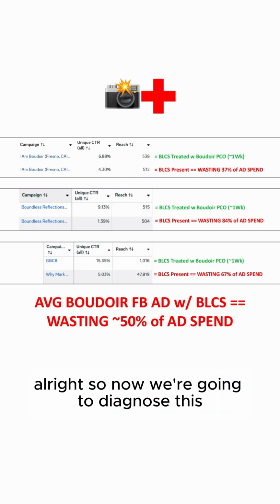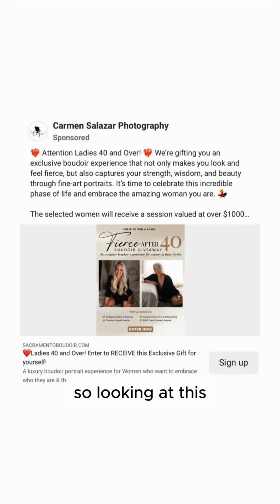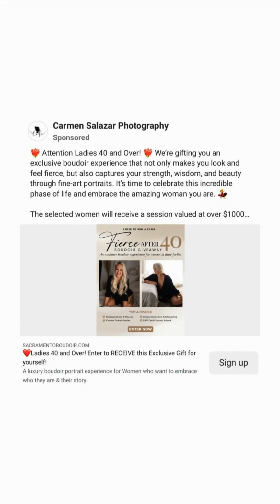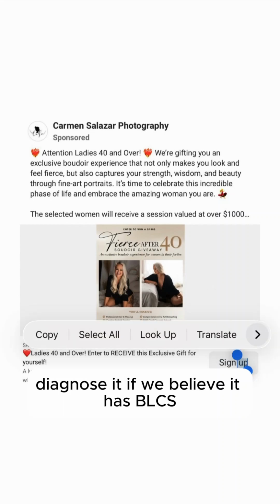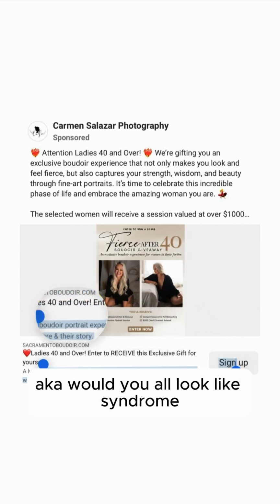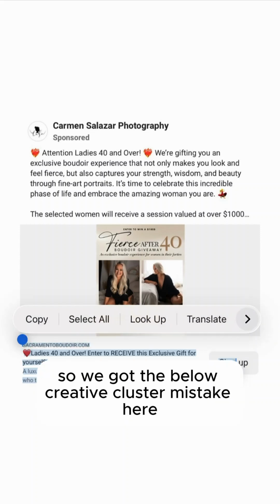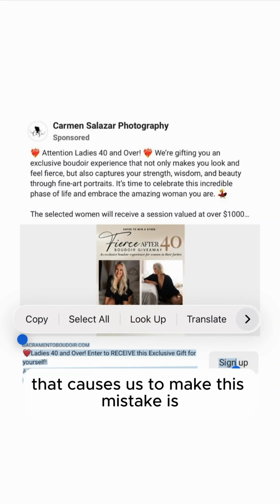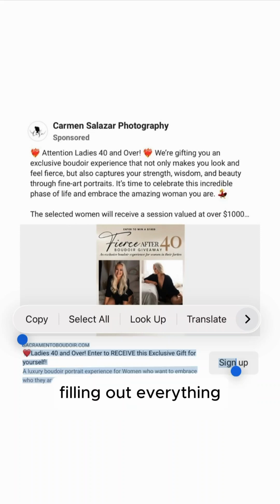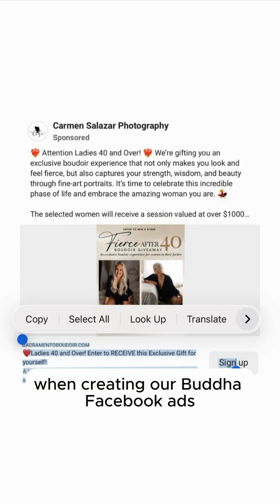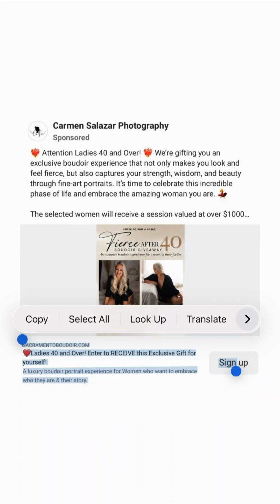All right, so looking at this, we're actually going to diagnose it, see if we believe it has BLCS, aka Boudoir low click syndrome. So I'm looking down here. We got the below creative cluster mistake here. The false belief that causes us to make this mistake is filling out everything Facebook recommends us to fill out when creating our Boudoir Facebook ads.